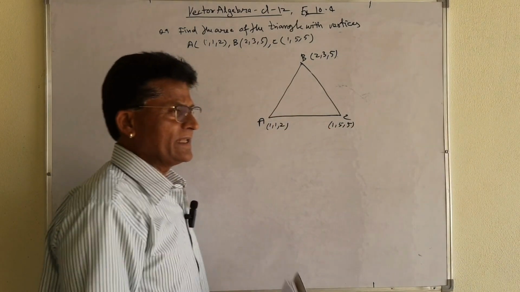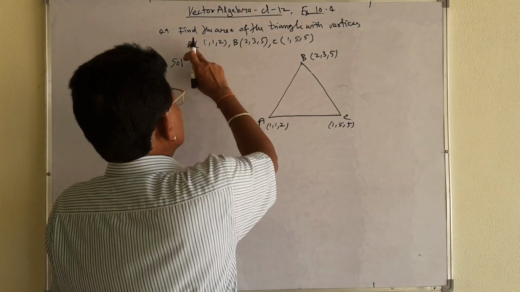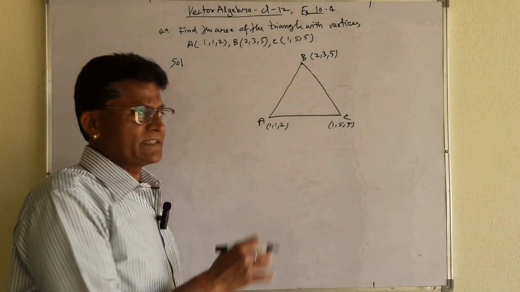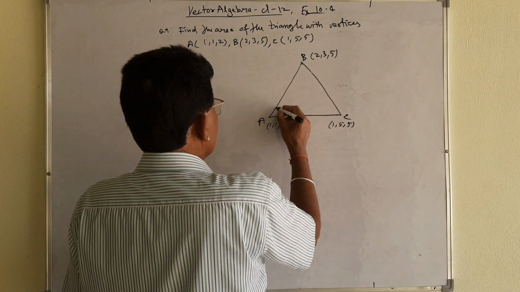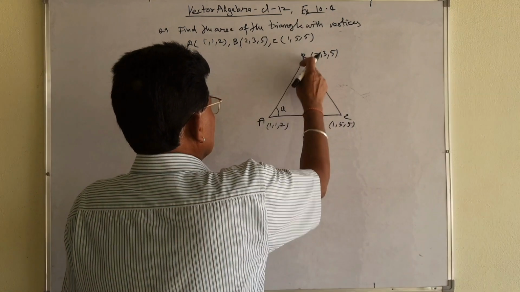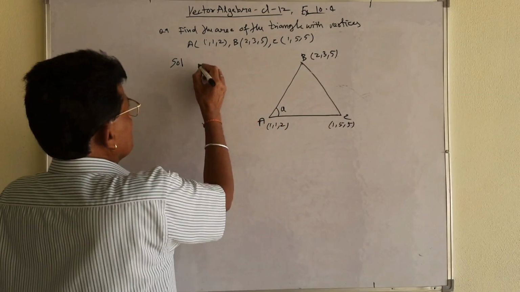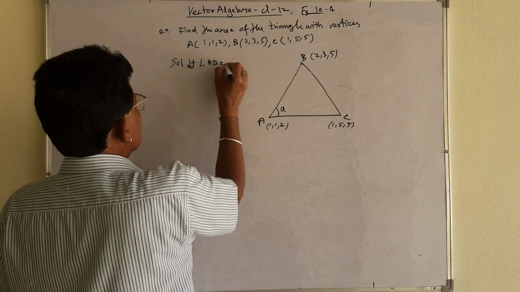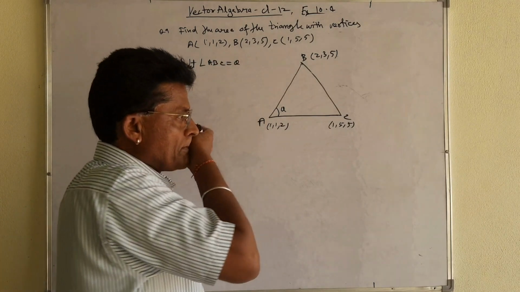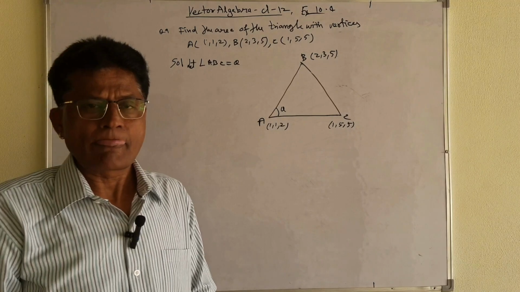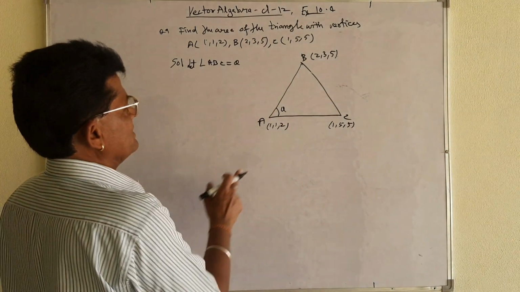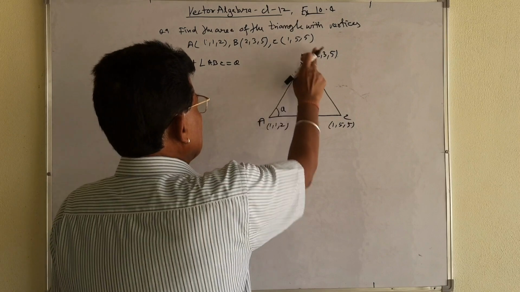And let the angle between... because here it is given, find the area of the triangle with vertices. Vertices are given, but we will need the angle ABC. Let angle ABC be equal to theta. Most important thing I am telling you. But before that, you must find out the values of AB and AC.